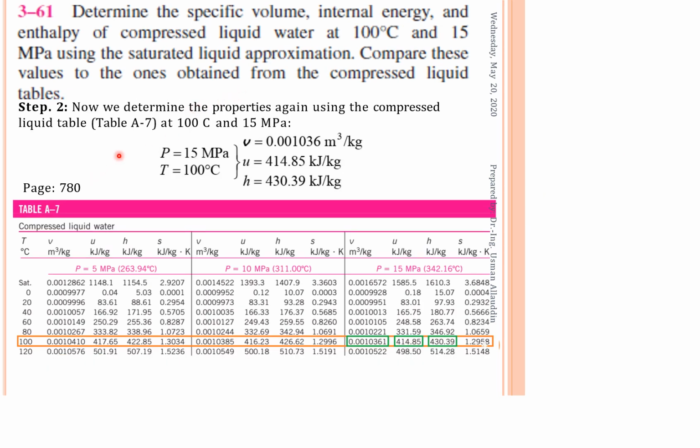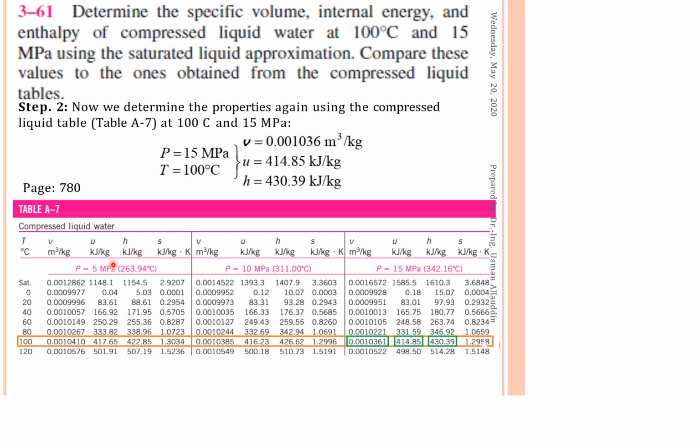So we have already found the values from table A4, which were approximate values. Now we will be finding the exact values from table A7 because it was written compressed liquid water. So the compressed liquid table is actually A7, and here we will look at pressure equal to 15 megapascal and temperature equal to 100 degrees Celsius.